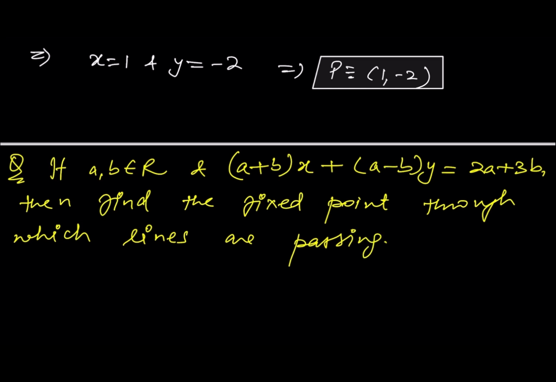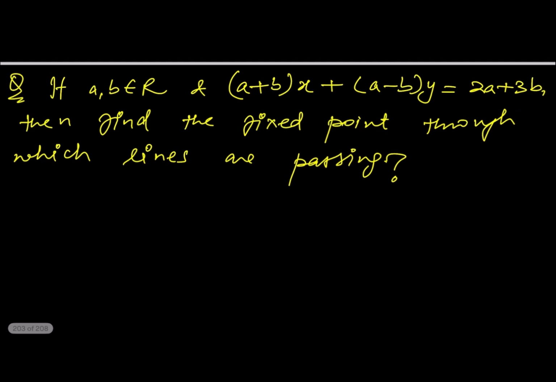So here again there is a family of lines. Of course, that family is passing through some fixed point. I have to find that fixed point.